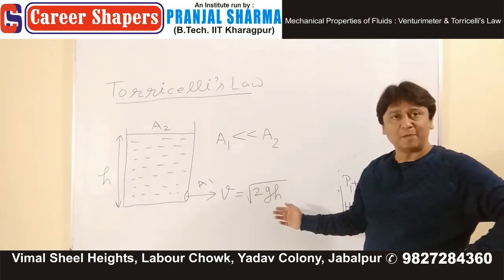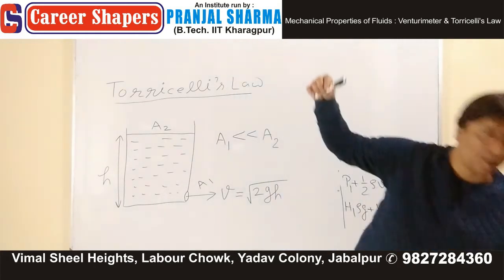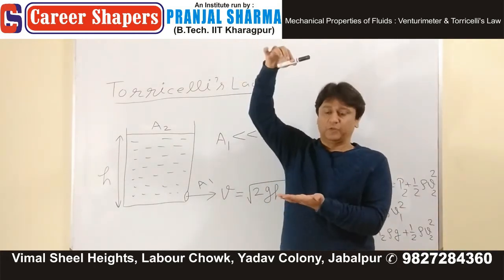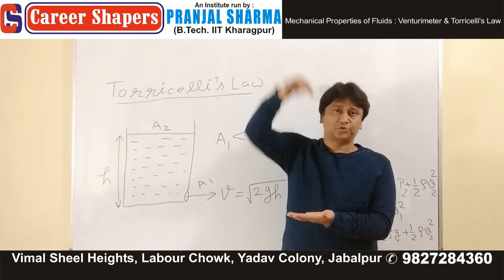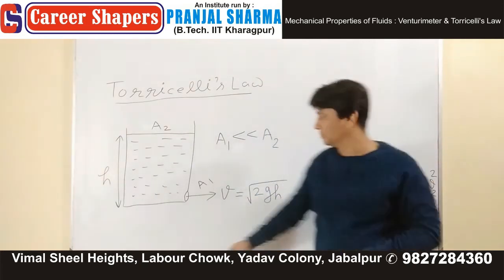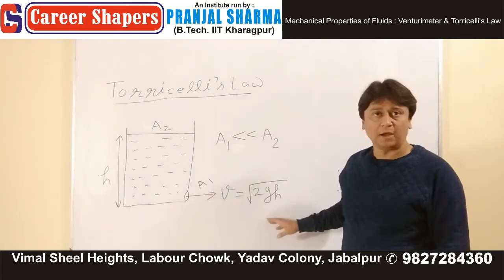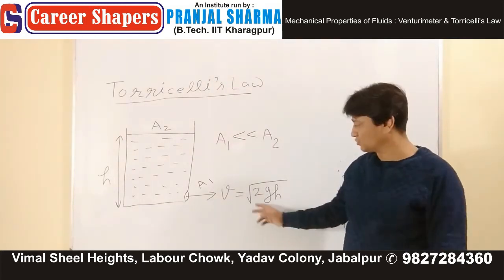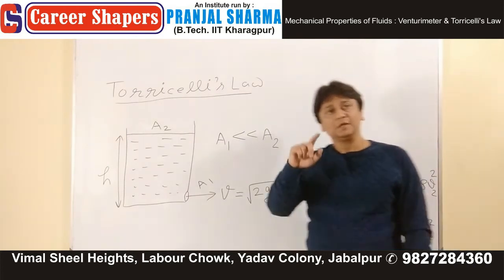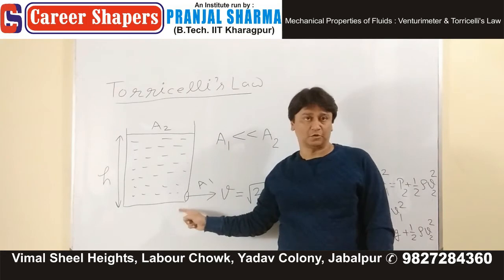I hope you remember what is root 2gh. When you drop an object from height h, then through this height h, the velocity gain, you will remember from kinematics, velocity gain during a free fall is what? Root 2gh. Same thing he observed is coming from this tank also.